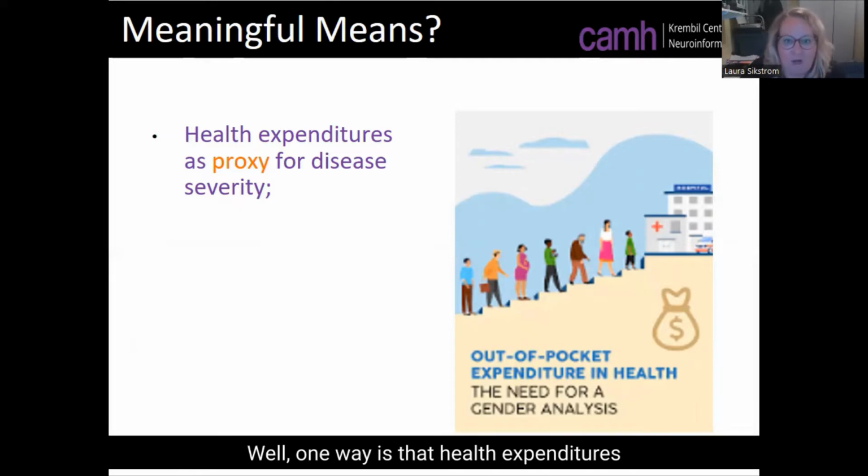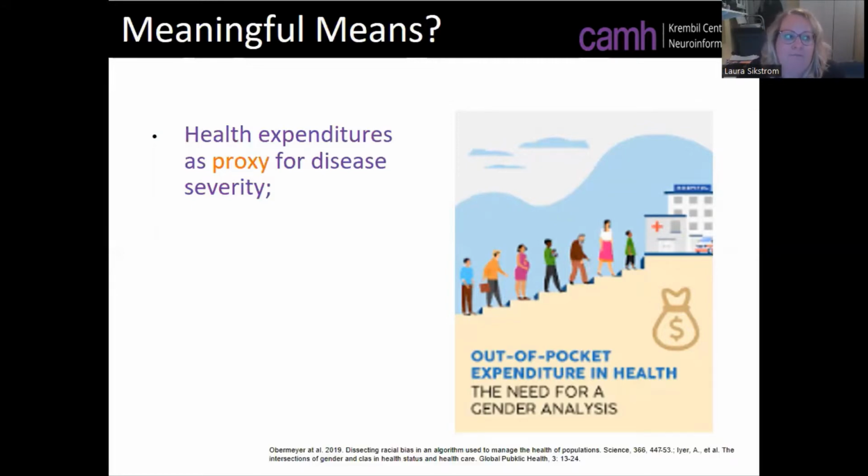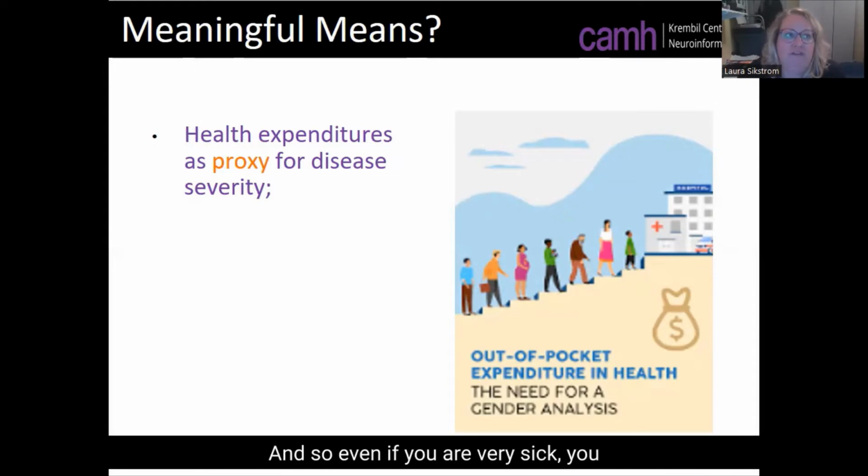Well, one way is that health expenditures might vary because we know that poverty levels in Black populations can be higher. And so even if you are very sick, you might be unwilling to spend money on care, or unable. There's also a trust factor that they identify, but the fact is they don't actually know why.